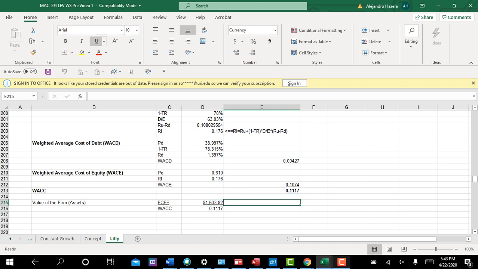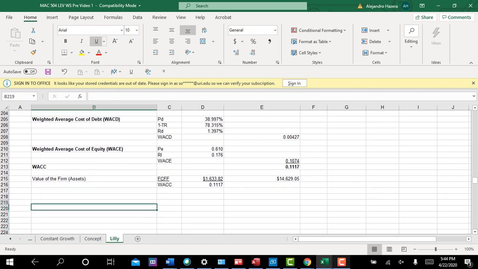So the value of the firm's assets is equal to 1633 divided by 11%, and it comes out to 14,629.05. Okay, so we're going to start our summation of the value of the firm with that, the value of the firm's assets.